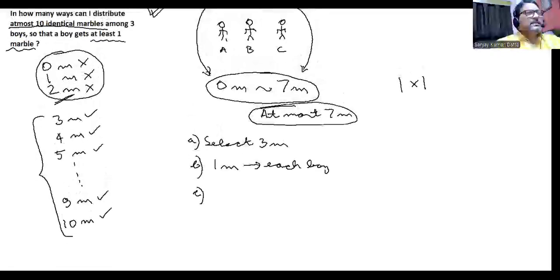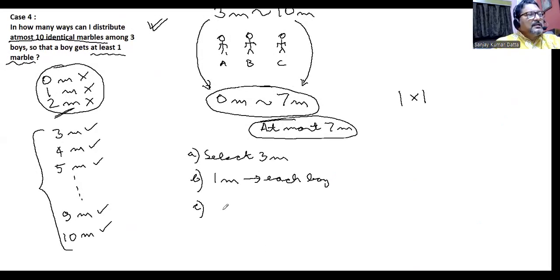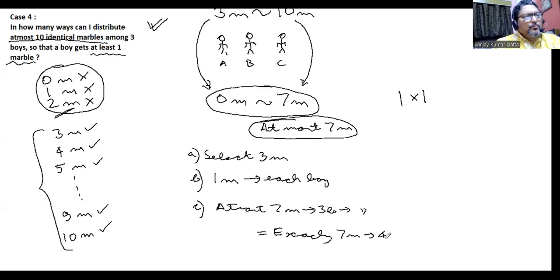So you say that at most 7 marbles among 3 boys, so that a boy may not get a marble, I'm not writing that every time, will be equal to exactly 7 marbles among 4 boys, so that a boy may not get a marble, whose value is 7 plus 4 minus 1, C, 4 minus 1, right?